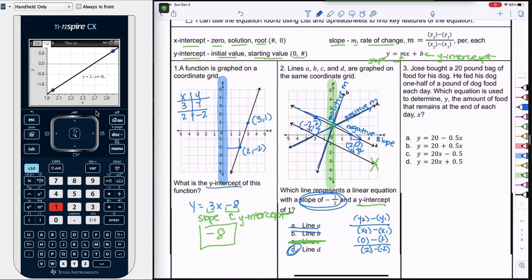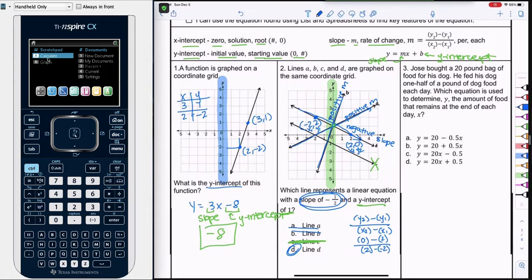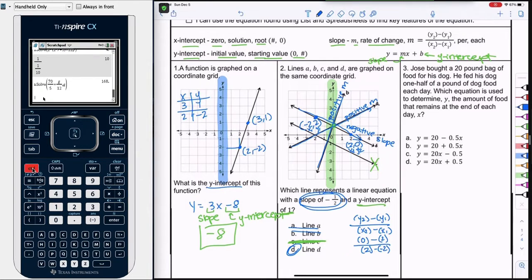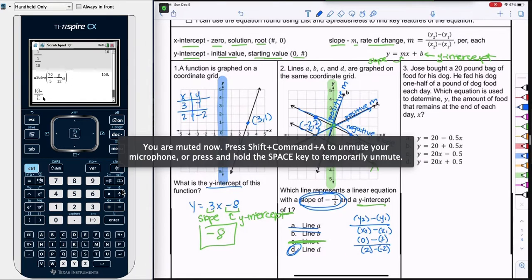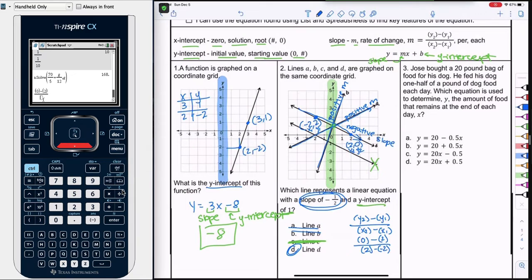If we put that into the calculator, control, divide, parentheses 0 minus 2 over 2 minus -2, enter, that gives me -1/2. So it would have been the same thing.